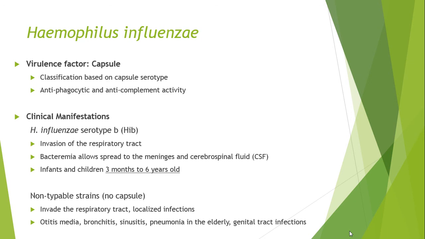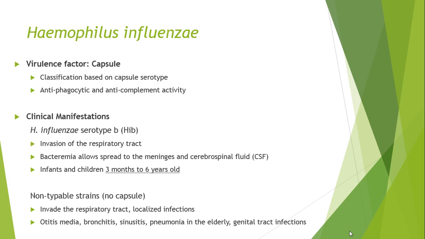And then we have some non-typable strains that don't have a capsule. And the infections from these are less severe, usually just respiratory tract, and the infections stay localized to a certain area. Usually respiratory tract, bronchitis, sinusitis, pneumonia in the elderly, maybe some genital tract infections.